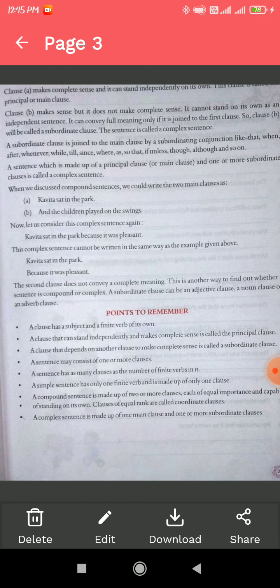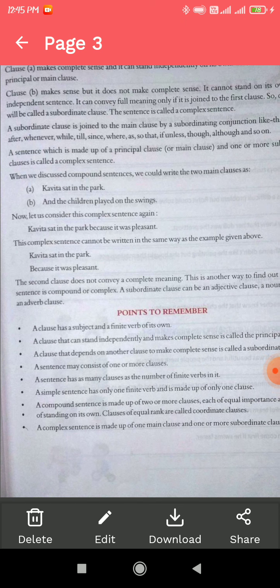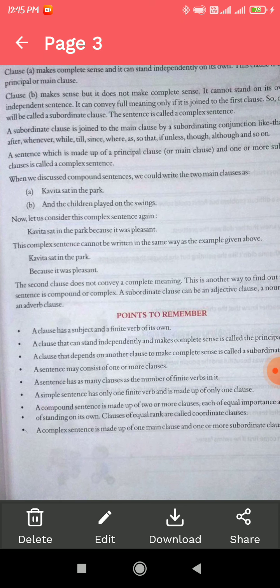So today we discussed the types of sentences, simple, compound and complex, and also coordinate clause and subordinate clause. Always remember, a clause has a subject and a finite verb of its own. A sentence with one clause is called a simple sentence.